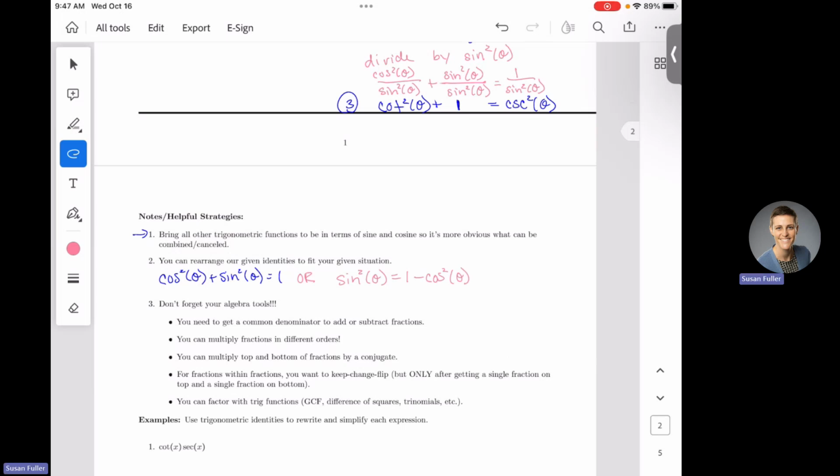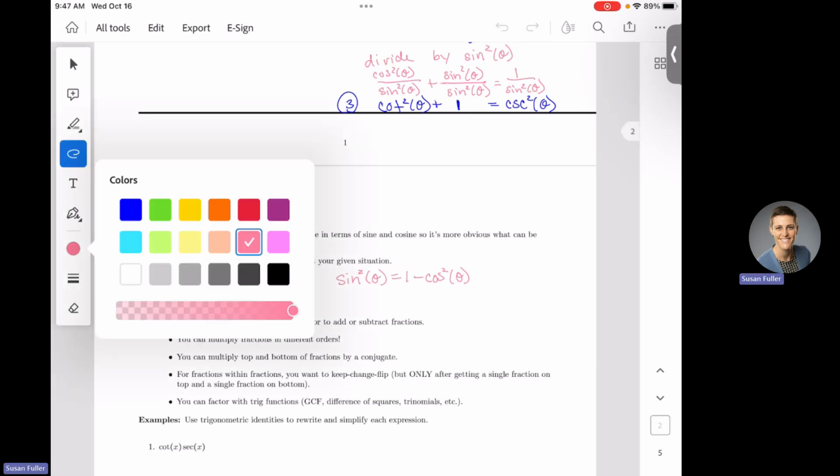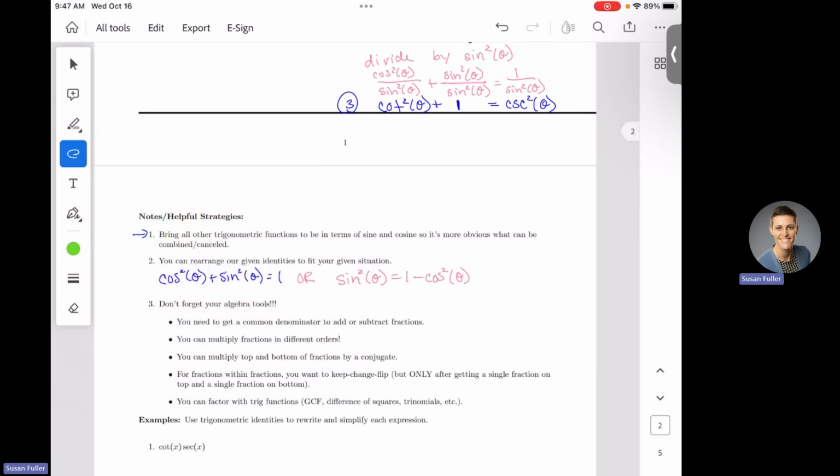Technically, these two are the same equation. I'm just moving things around. Alternatively, what if instead of subtracting cosine squared from both sides, I had subtracted sine squared from both sides? Then I could get cosine squared of theta left over here.